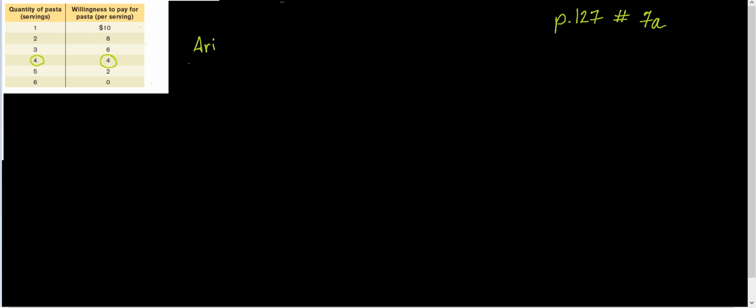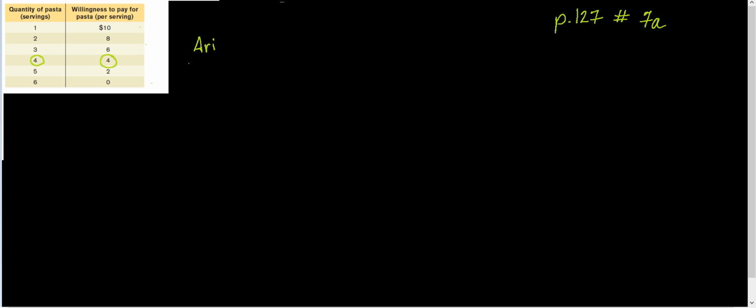What's the price you have to price these servings at to get Ari to buy all 4 of them? A different way of asking this is the way that the problem words it. It says, if the price, this is the flip side of the same question. In other words, if the price was $4, then how many servings will Ari buy?